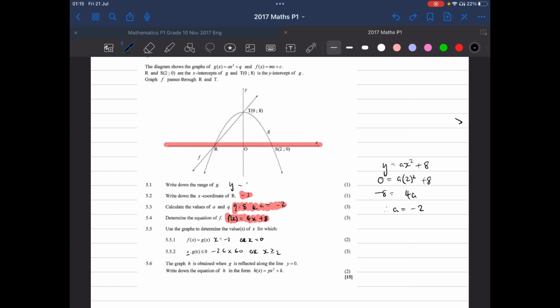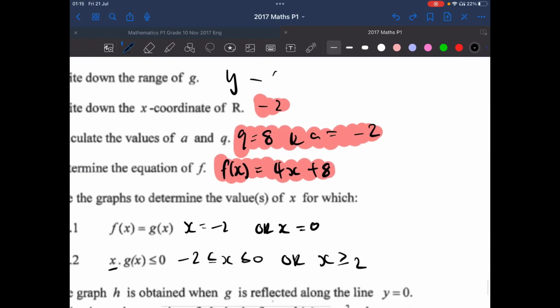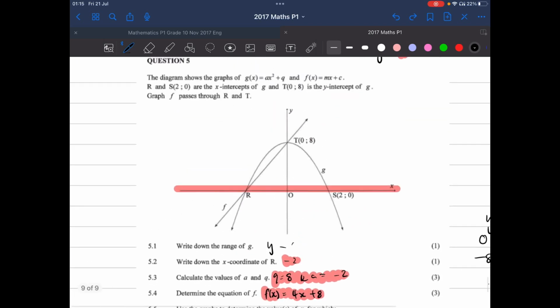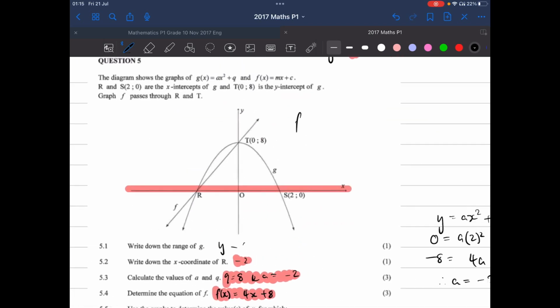So what was our current equation? Our current equation was g of x is equal to minus 2x squared plus 8. Remember, we found it in this question here. So if I reflect this along the line, firstly, what's going to happen?